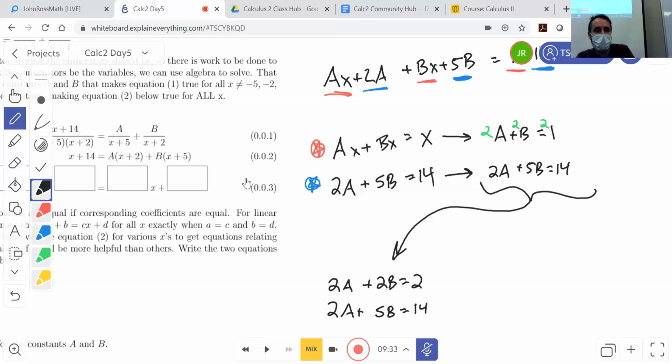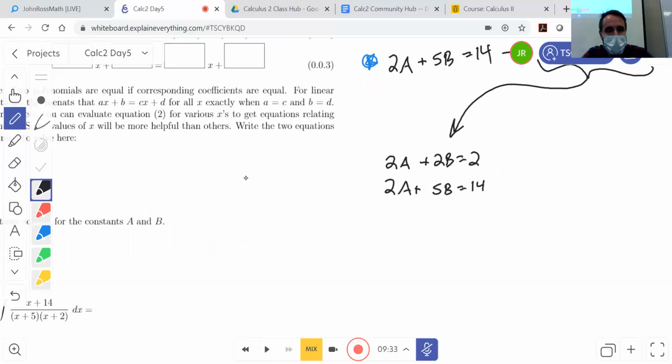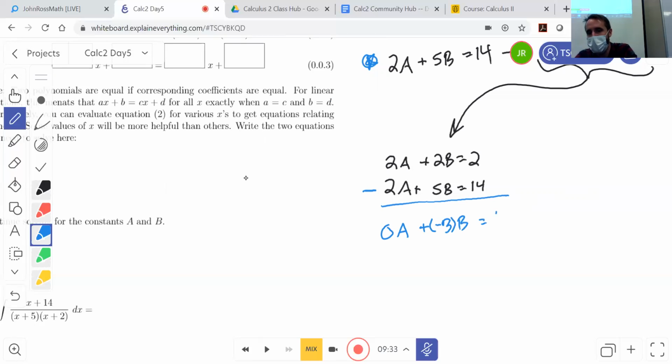And then we use these facts to figure out one of the variables. Specifically, in this case, we can subtract the second equation from the first to get 0A plus, I guess that's negative 3B equals negative 12.